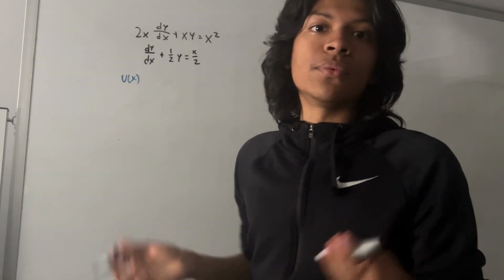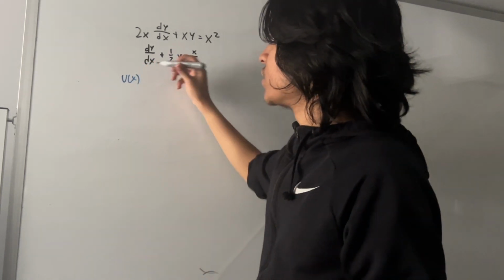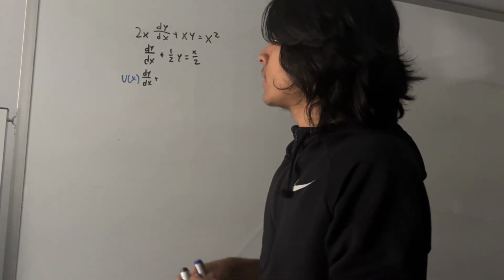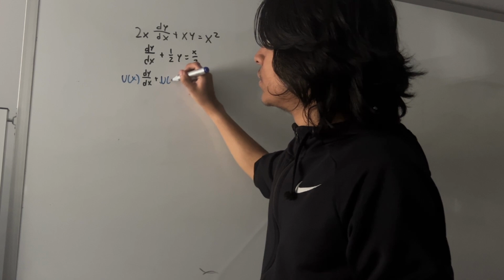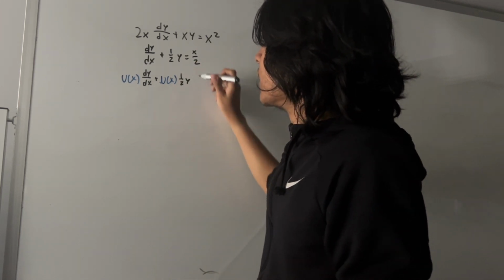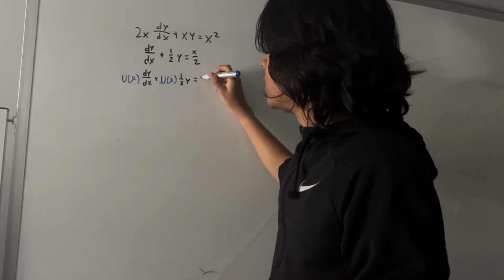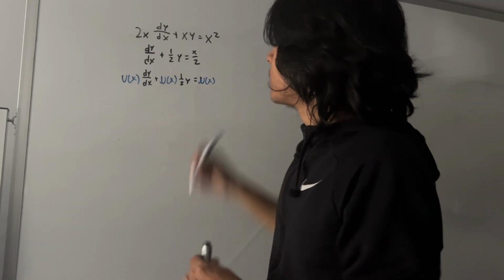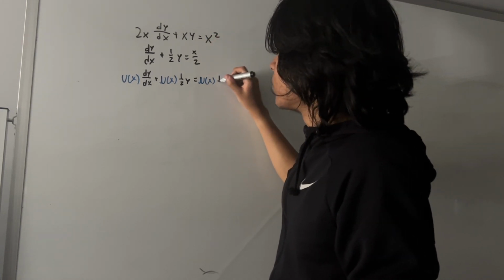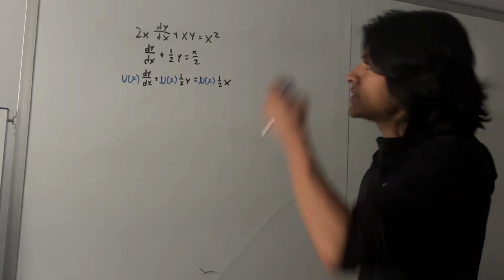Again, right now at the moment, we don't know what u of x is, but we're just going to introduce it. So we get this u of x, and we get 1/2 y is equal to u of x, then I'm just going to take the x out of this half, so 1/2 x.